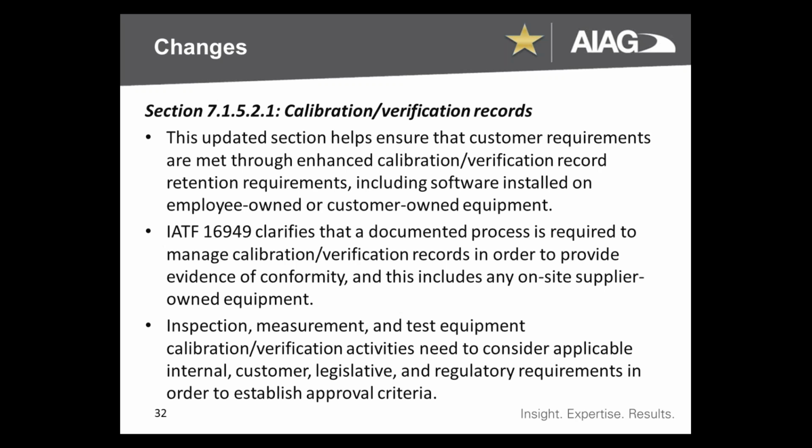Here we have another requirement for a documented process, and this could be a lot of things. This could be a flow chart, a spreadsheet, a computer program, a procedure, a schematic. A documented process is required to manage calibration verification records in order to provide evidence of conformity, and this includes any on-site supplier-owned equipment.